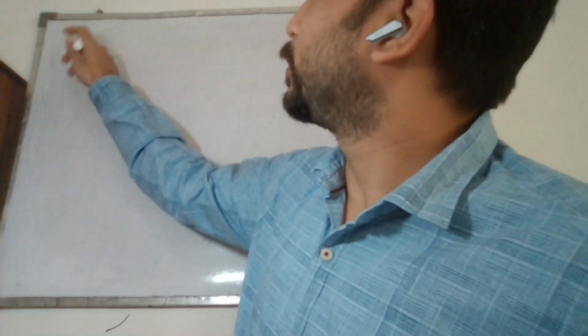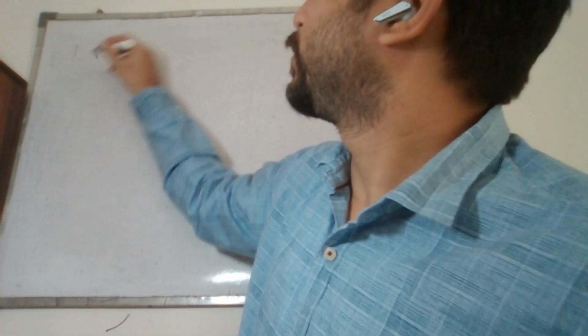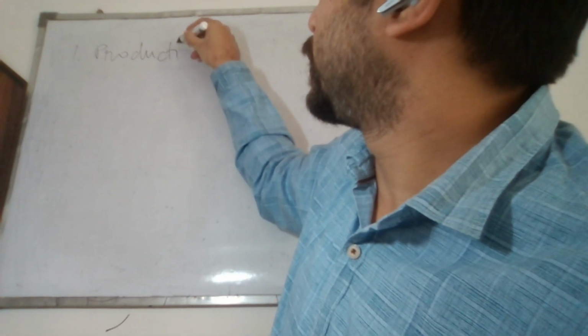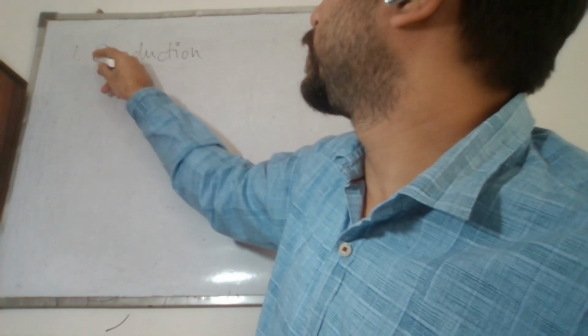But first, in any kind of industry, we need to broadly think on the basis of what are the inputs required to our whole system. So let's see. The first thing which you want to study is production. So what is production?